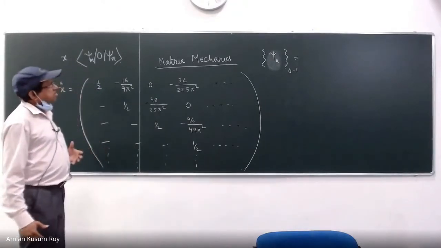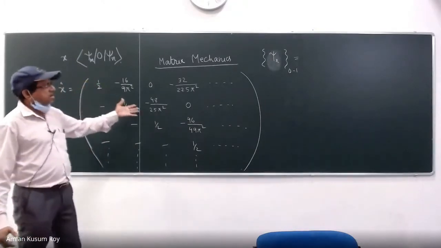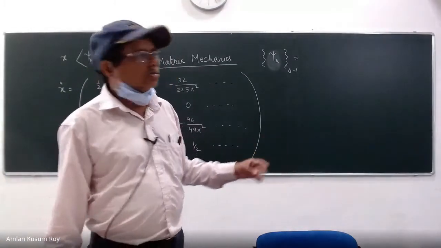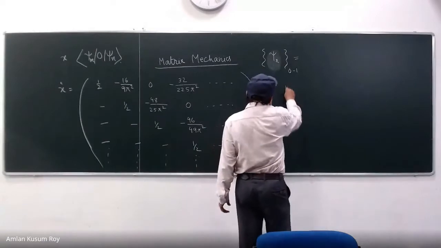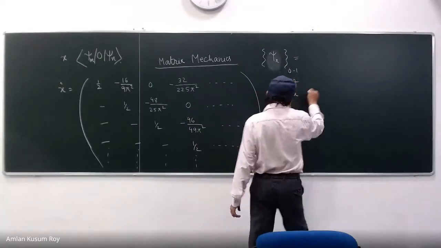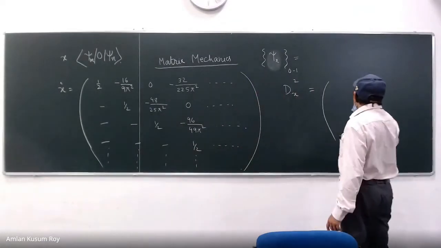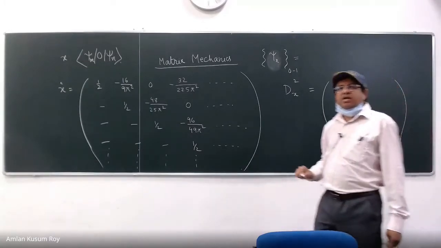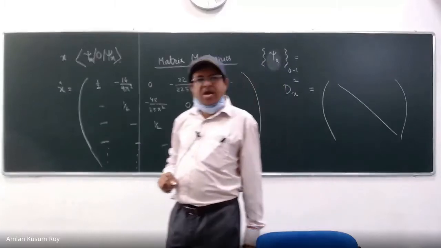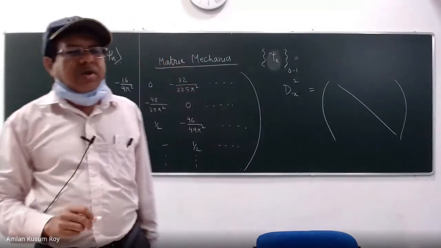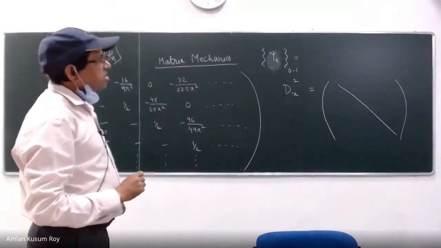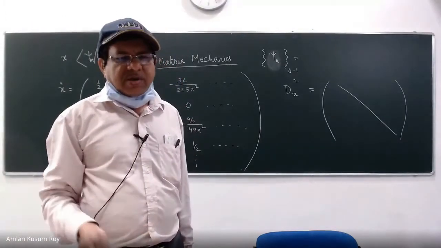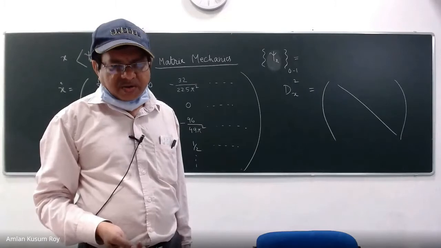In the previous class, we showed that the Hamiltonian matrix in this basis, the dx square, remember that exercise? Just before we finished the class, we showed that this was a diagonal matrix. You concluded that. Why? Because dx square is, apart from some constant, actually the Hamiltonian matrix of the particle in a box problem.